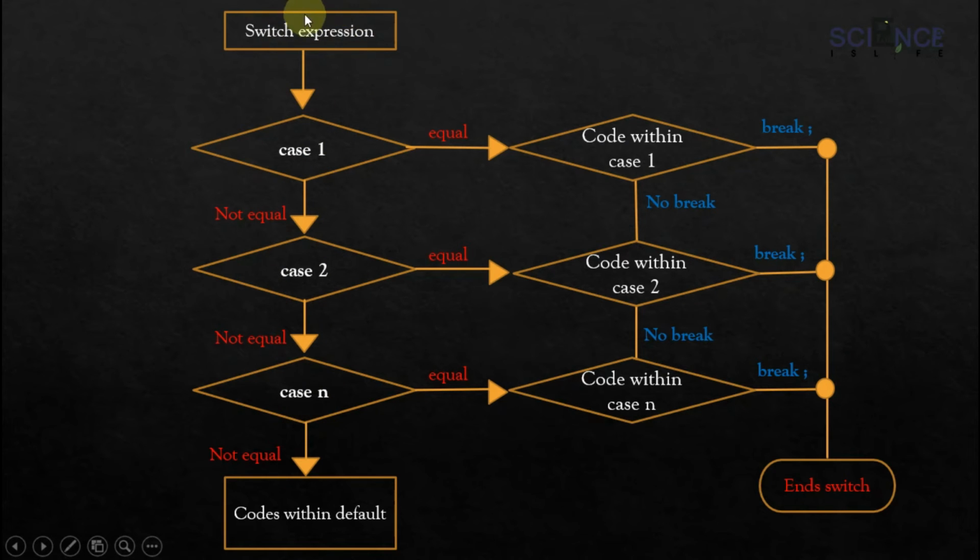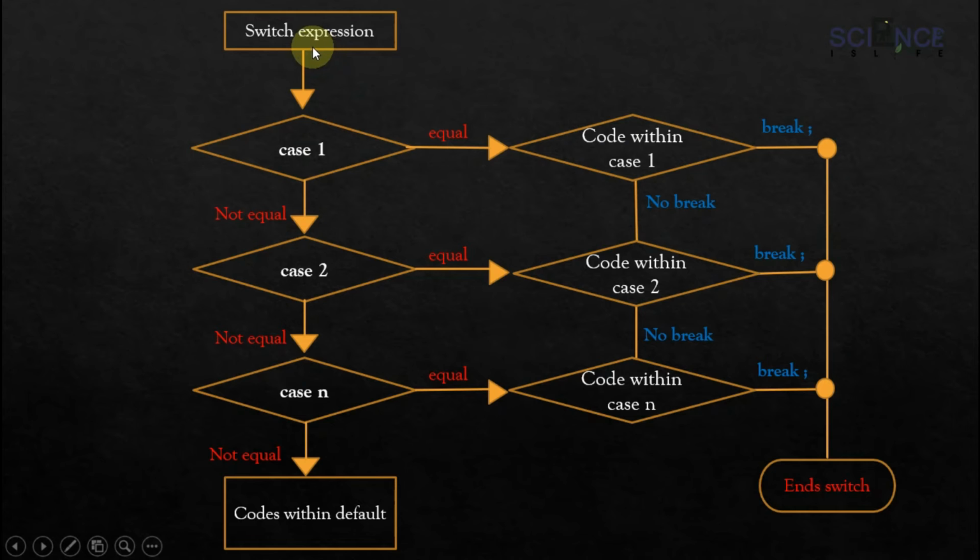After looking at the expression of this switch, if the expression gives an integer, then the compiler hopes to have integer cases, right? If the expression gives a character, then the compiler hopes to have character cases, right?